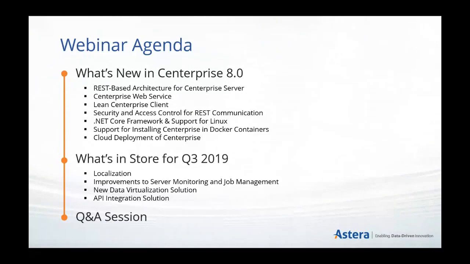So being able to deploy flows of services and consume them in other services using an API browser. So that's something that's coming a little bit later, but it's all part of the Centerprise 8 release. And finally, we'll end with the Q&A session.